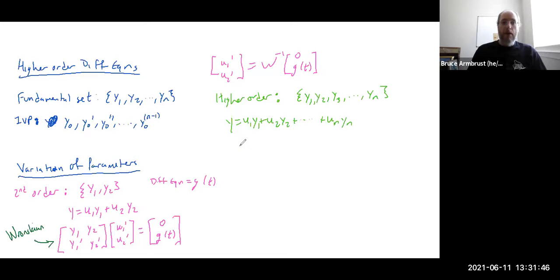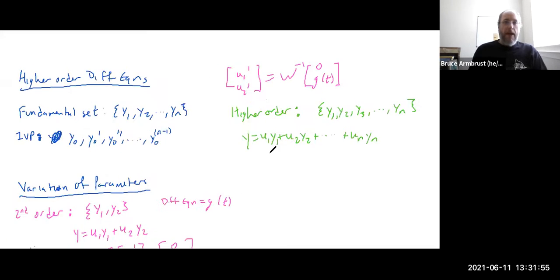So for example, we're going to want u1 prime y1 plus u2 prime y2 plus all the way down to un prime yn. We're going to set that equal to 0. Why? Well, because we can.